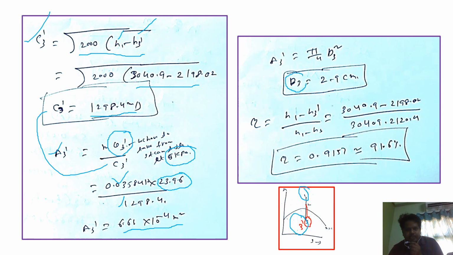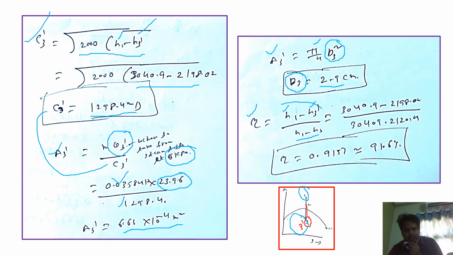From this data, we can find the diameter of the nozzle at the exit, because in the problem they have asked to find the diameter of the nozzle. We know that area equals pi by 4 d square. From this equation we can find the d value, that is 2.9 centimeters. And also in the problem they asked us to find the efficiency. So efficiency equals H1 minus H3 dash divided by H1 minus H3, because it is actual divided by ideal.